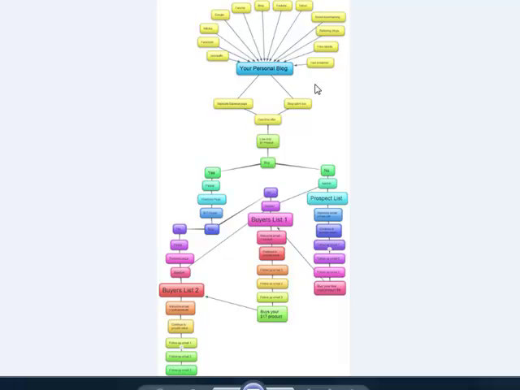The next tip is you always want to track your blog opt-in boxes or blog opt-in forms.